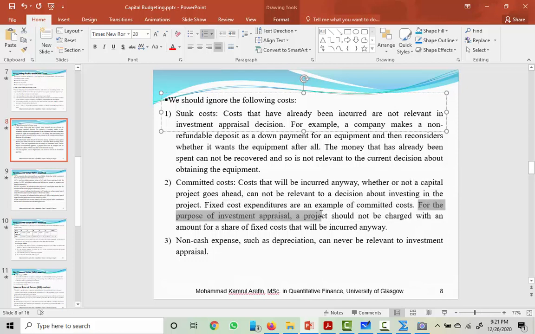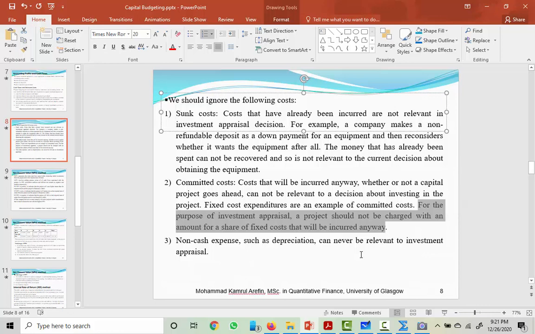So for the purpose of investment appraisal, a project should not be charged with an amount of share of fixed costs that will be incurred anyway. So that means it doesn't matter whether you start a project or not, some cost will be incurred anyway.